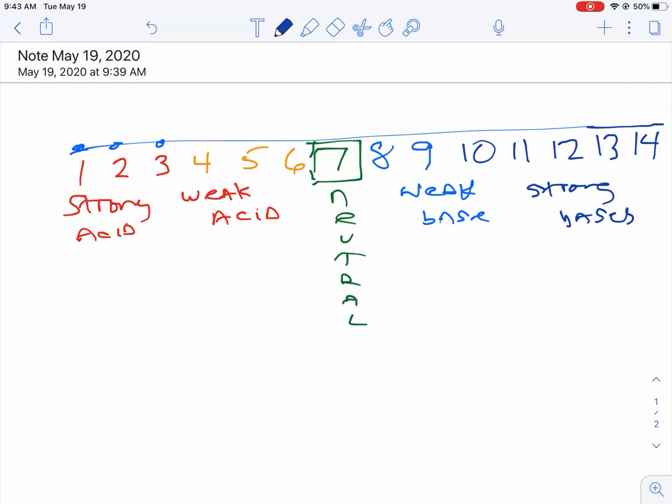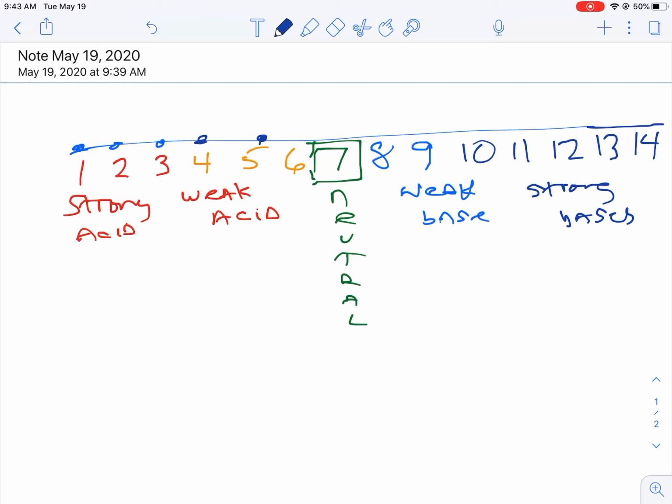Seltzer's not as strong of an acid as the phosphoric acid found in Coca-Cola. So if we're talking about the 2 points, Coca-Cola would probably be around here, and seltzer would probably be right around there. So that's like where phosphoric acid is in relation to carbonic acid in those two particular solutions.